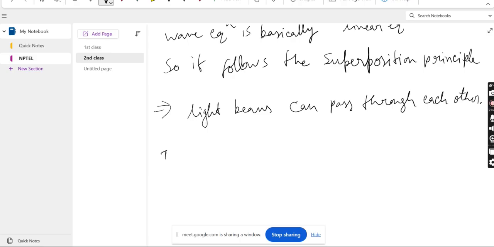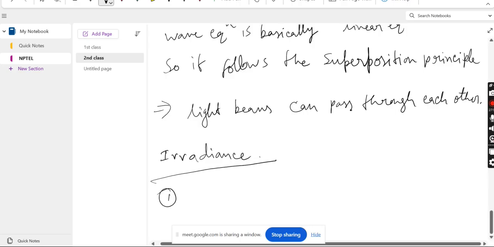Now, after that, we have discussed what irradiance is. There we get three kinds of situations. One is different polarization.